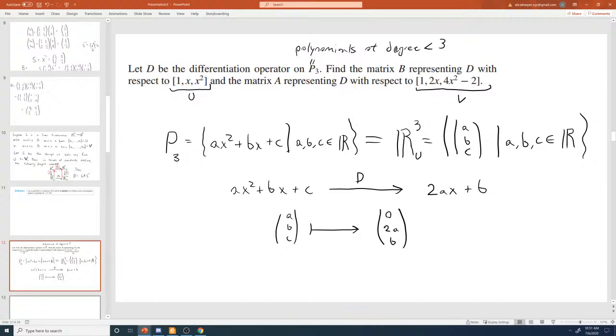Well, I can understand this as a linear transformation, so I can write down its matrix. It's pretty easy to eyeball.